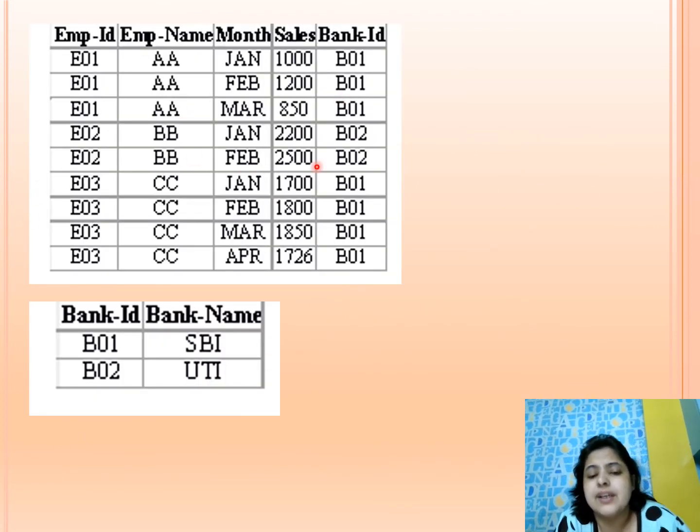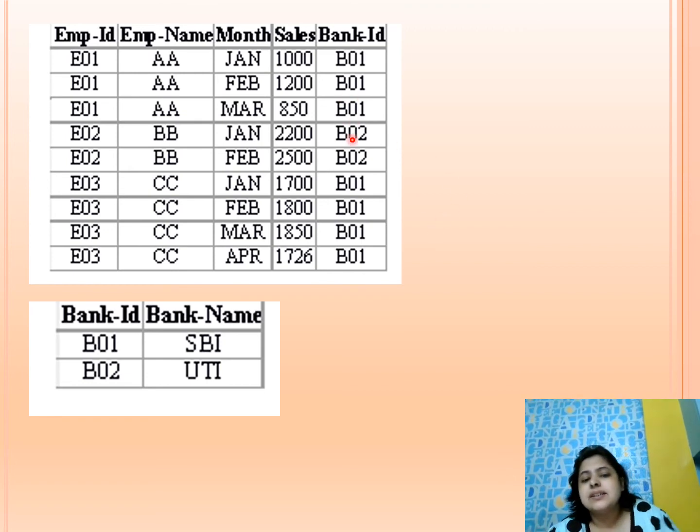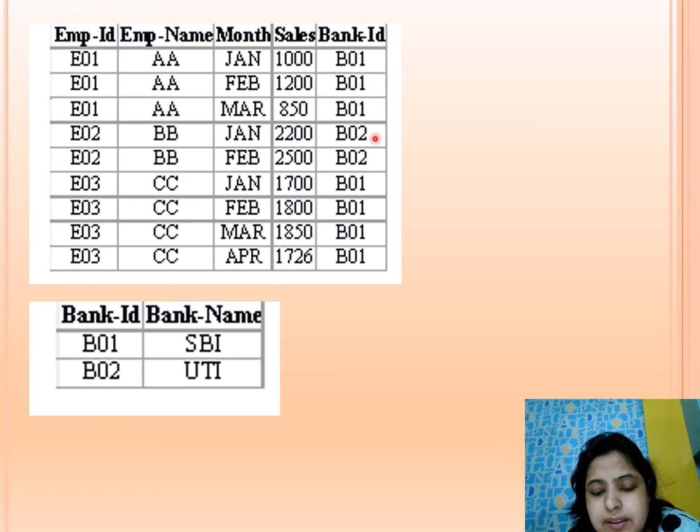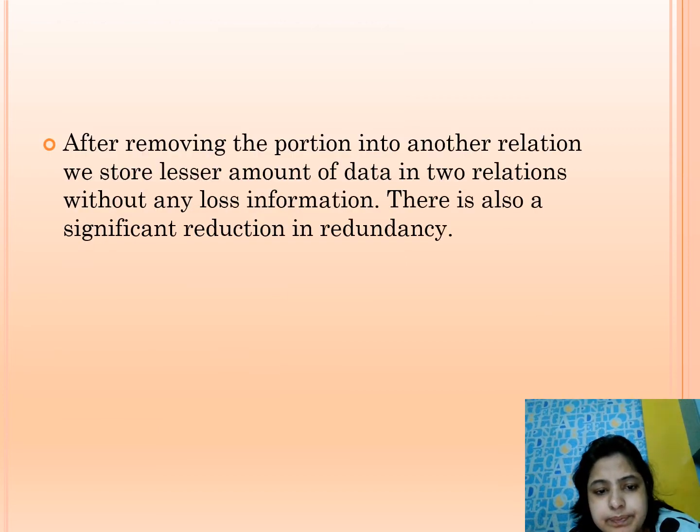Now this is the way. We created a new relation in which we kept bank ID and bank name, right? Now it is in second normal form. After removing the portion into another relation, we store a lesser amount of data in two relations without any loss of information. This is also a significant reduction in redundancy.